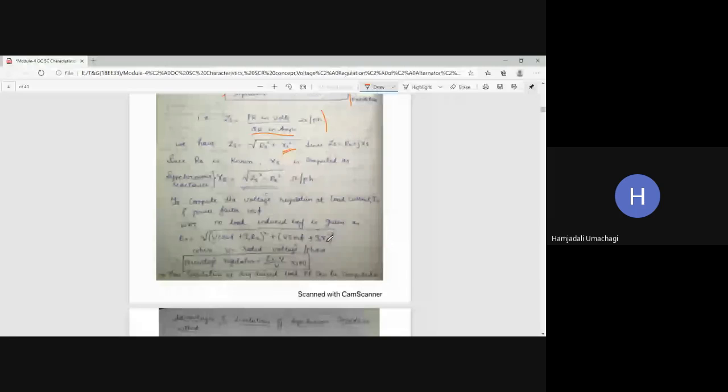We derived how to get that EPH value in the previous class. If it is connected with a lagging power factor, take the plus sign.